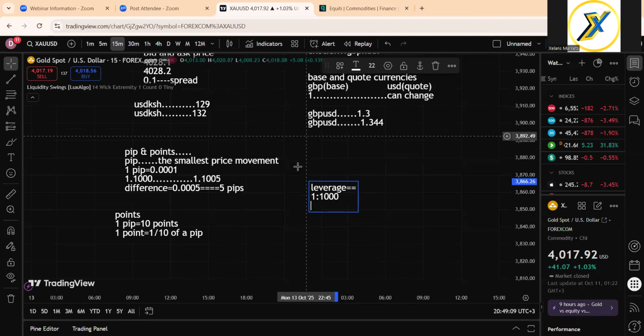So they're telling you for every $1 that you're getting into the market, you are controlling the market as if you have $1,000. So if you're getting into a trade with like $100, it means that you're controlling the market as if you have $100,000.